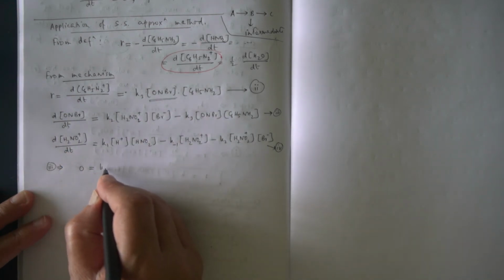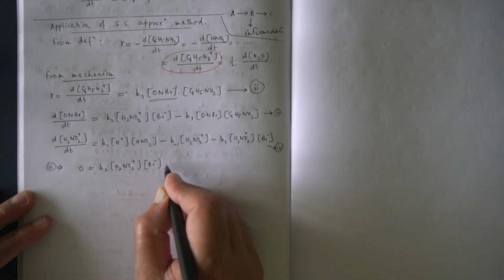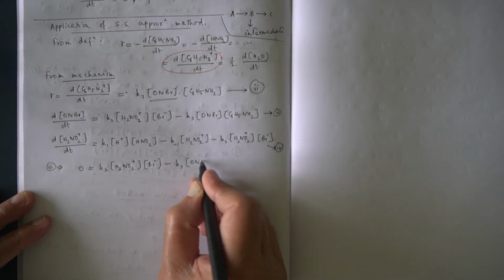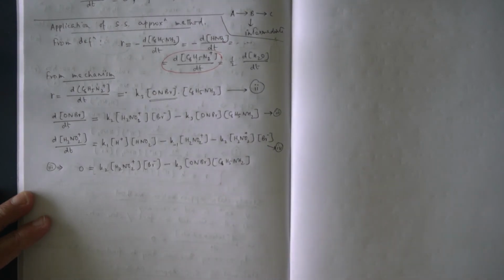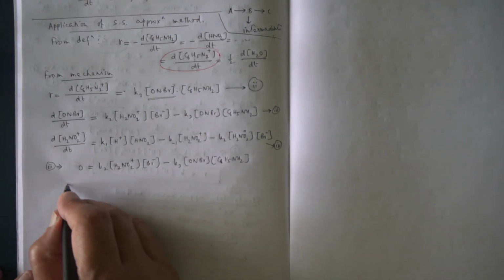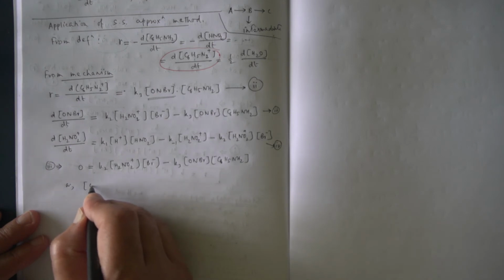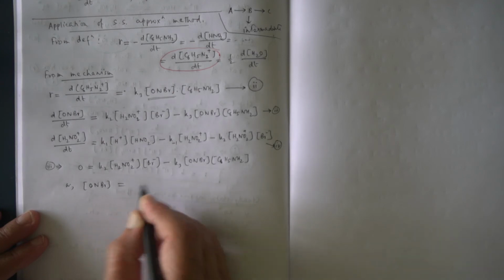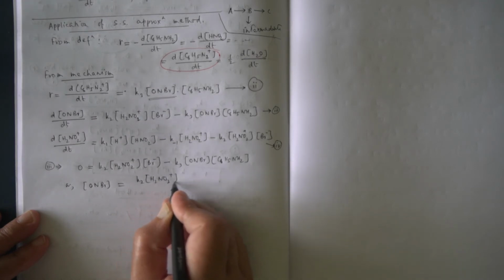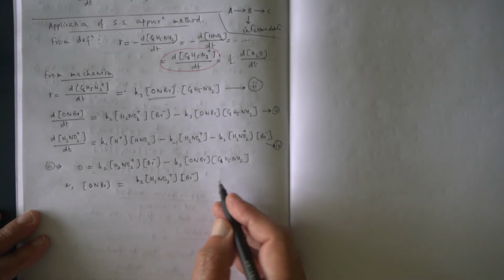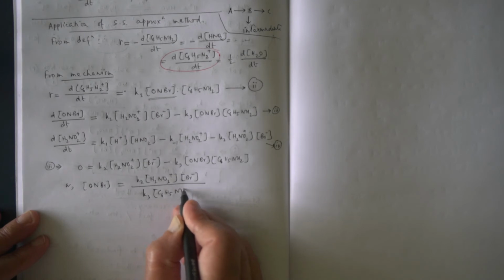So this is equal to K2 [H2NO2+][Br−] minus K3 [ONBr][C6H5NH2]. So the concentration of ONBr equals K2 [H2NO2+][Br−] over K3 [C6H5NH2].